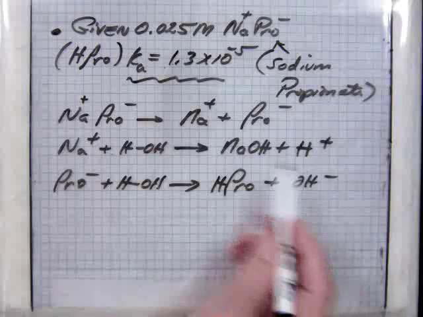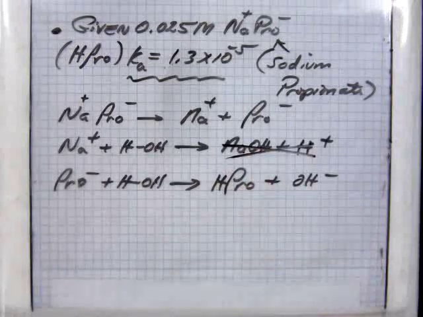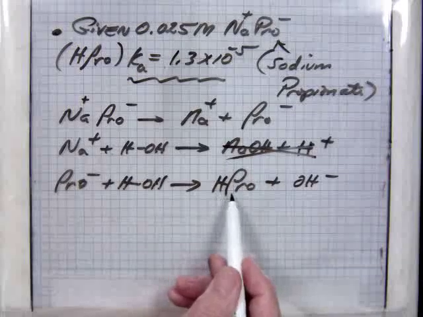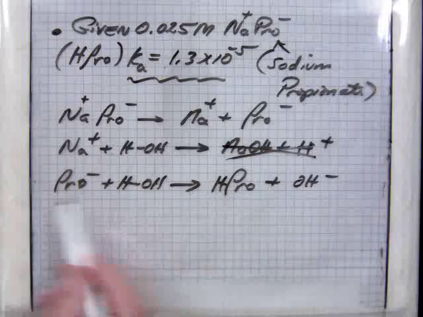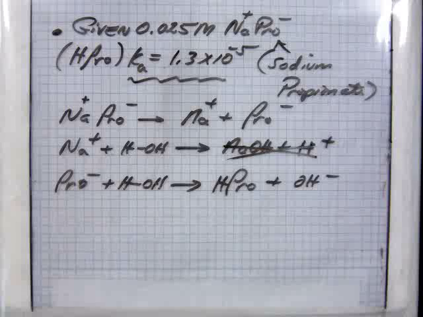And of course, the sodium will not react or undergo hydrolysis, so we can exclude that one from our analysis. But propionic acid is a weak acid, so yes, this last reaction here is the one we want to apply to the equilibrium table, or the ice table.